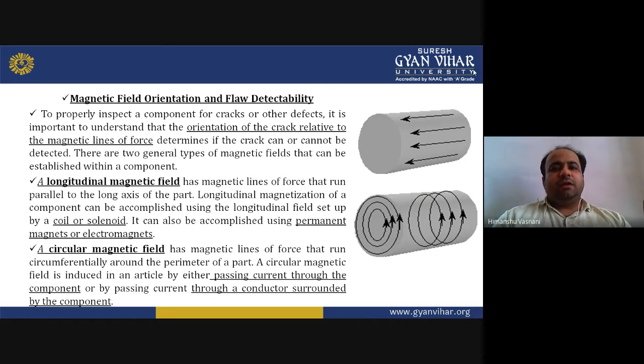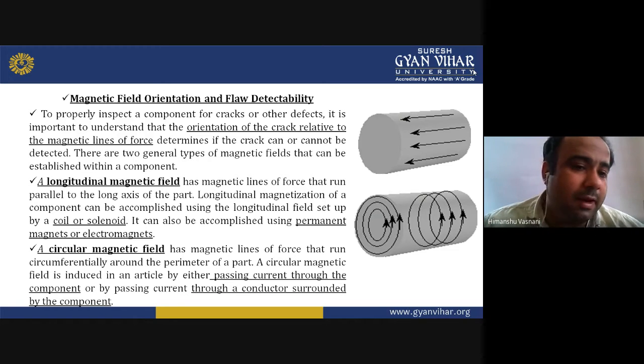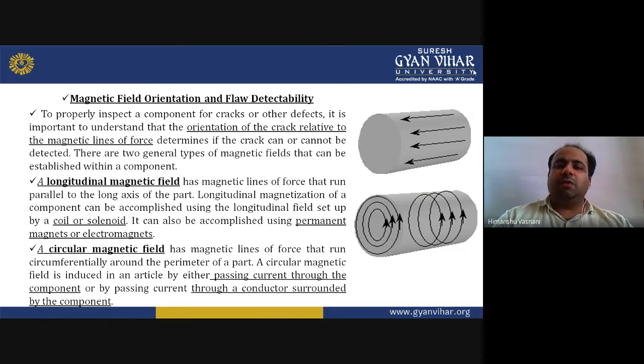There are two general types of magnetic fields that can be established within a component: the first is the longitudinal magnetic field, and the second is the circular magnetic field, as you can see in the diagrams.